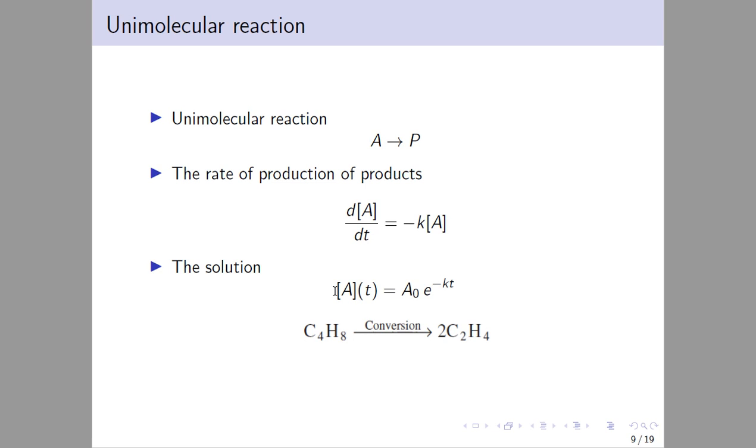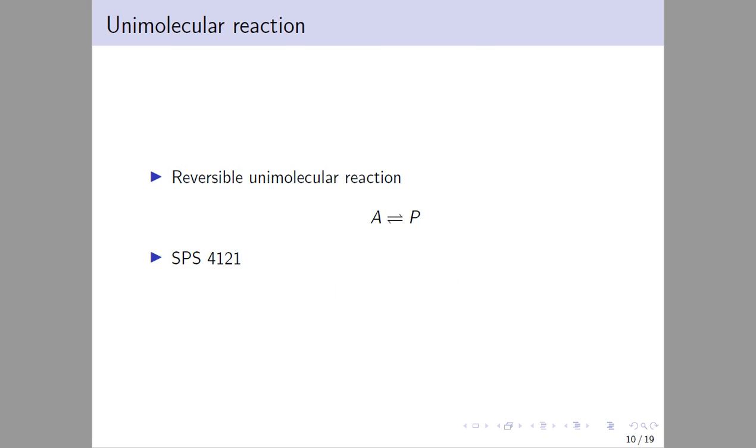Here is an example: A is C4H8, becoming the product 2C2H4. These are only unimolecular reactions.